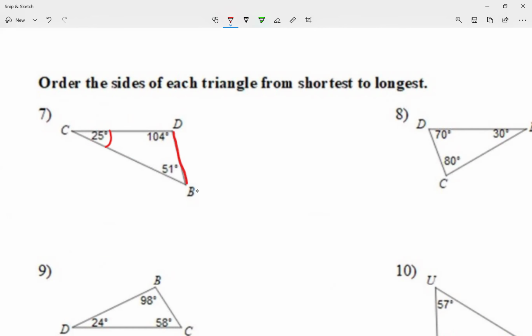Now, when we name a side, we must use two letters. Which two letters make that side? We can either call it side DB or side BD. So DB or BD. The order does not matter. I'm going to call it side DB. So I'm going to type in DB. That's for the smallest side.